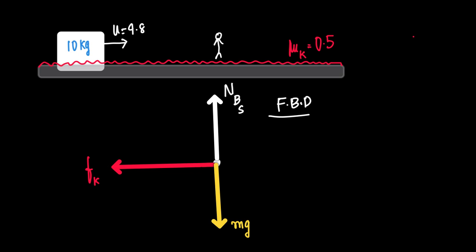Which friction? Specifically here, kinetic friction. Why kinetic? Because the body is sliding, right? And what is the net direction of motion? If you identify it, the net direction of motion is towards the right. Okay.